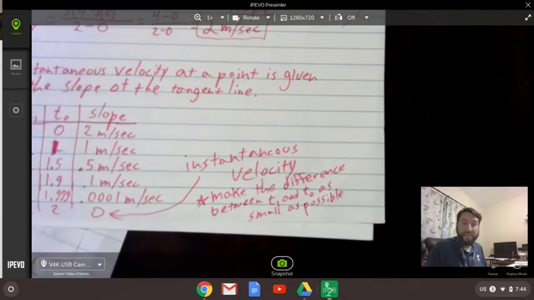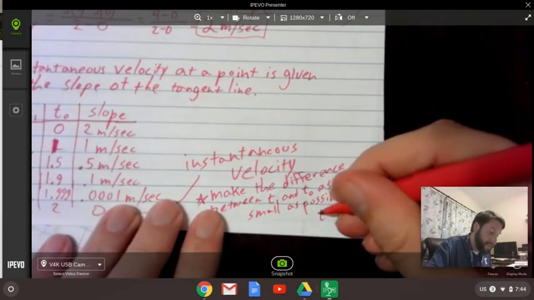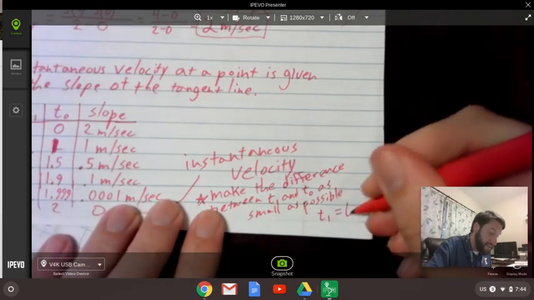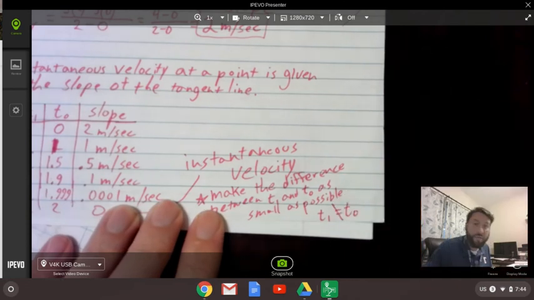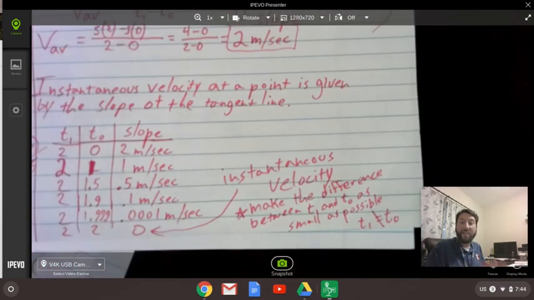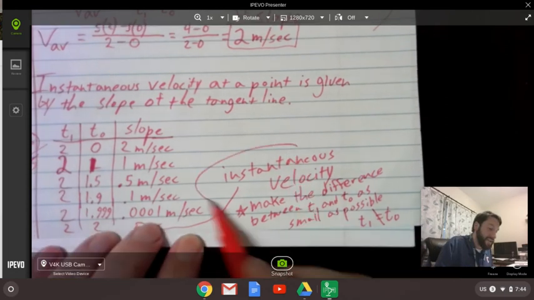Now, you can't set them equal to each other, because then you get 0. Okay? You can't make it that small. You can't say T1 equals T naught. That's bad. Don't do that. Okay? Just make them as close together as you possibly can, and you will get the instantaneous velocity.